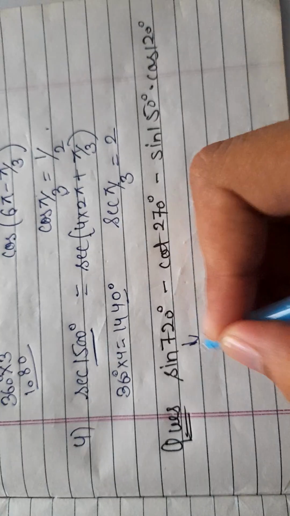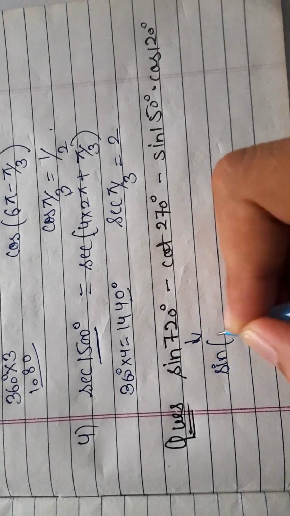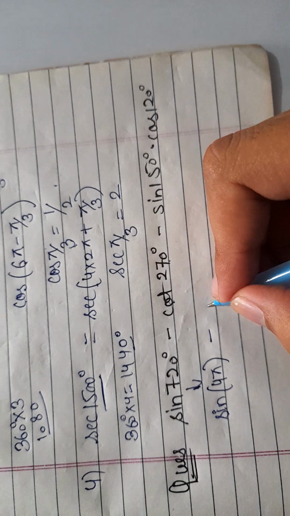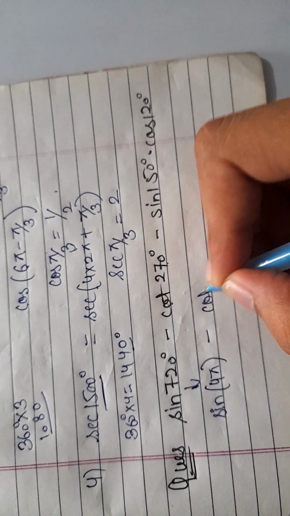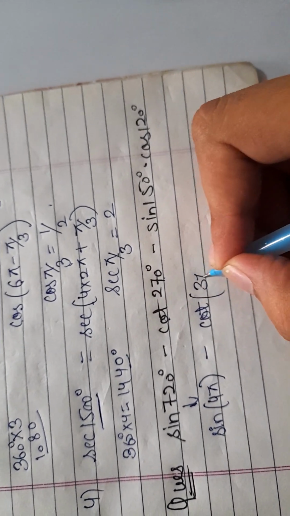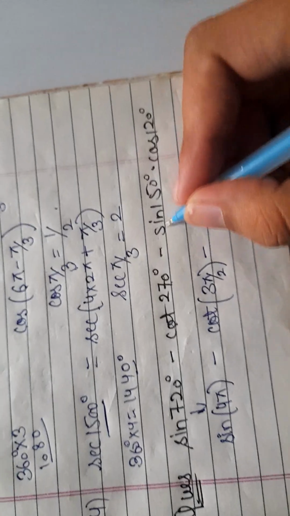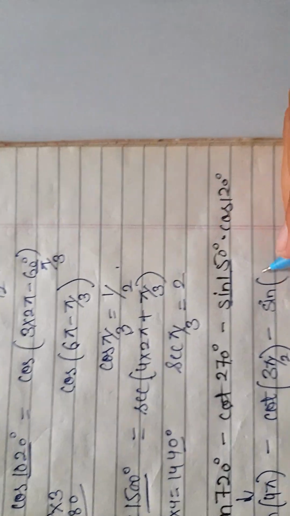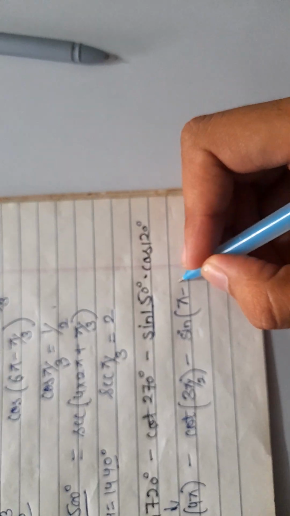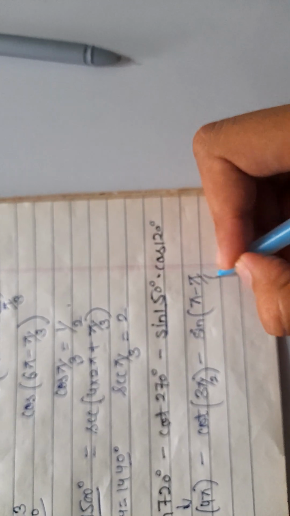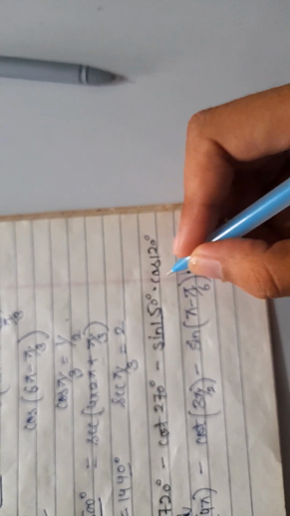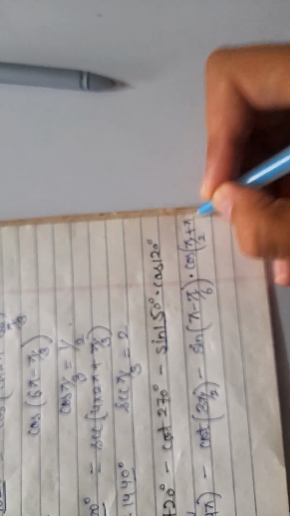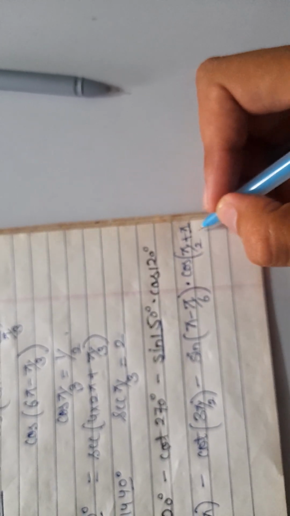We can write it as sin 4 pi minus... cot 3 pi by 2... sin of 180 minus 30, that is pi by 6, into cos of pi by 2 plus pi by 6.